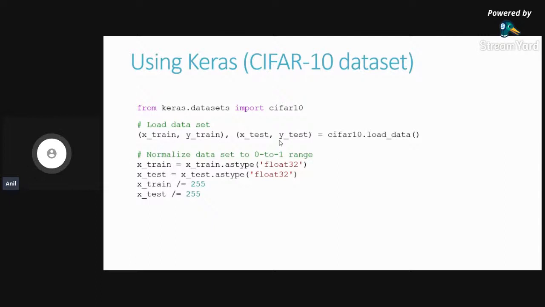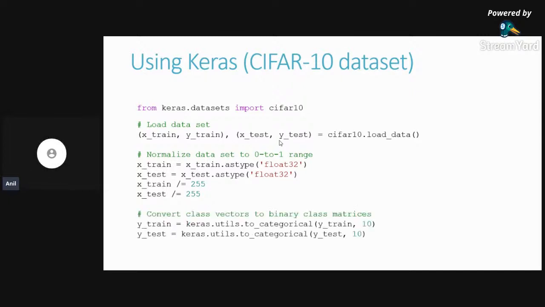Okay, and then we have to normalize the data set into the 0 to 1 range. For example, images are in the range from 0 to 255. Instead of using that range, we just normalize every image into the range from 0 to 1. We also convert the string labels into integers.